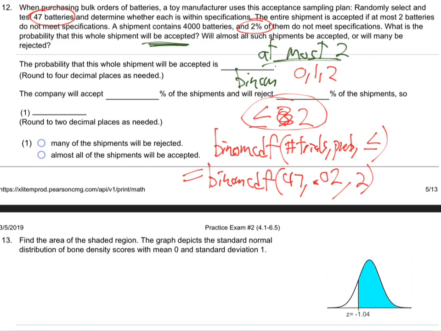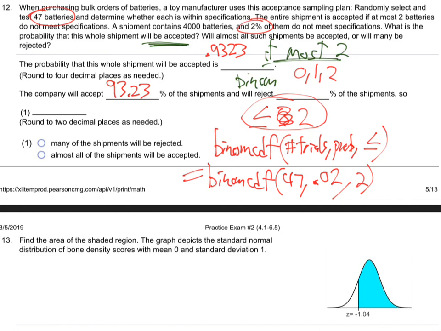So somebody got an answer on this one? 0.93. 9323. Oops, I'm kind of scribbling it out here. 9323. So they want you to change that to percentage. 93.23% of the shipments.